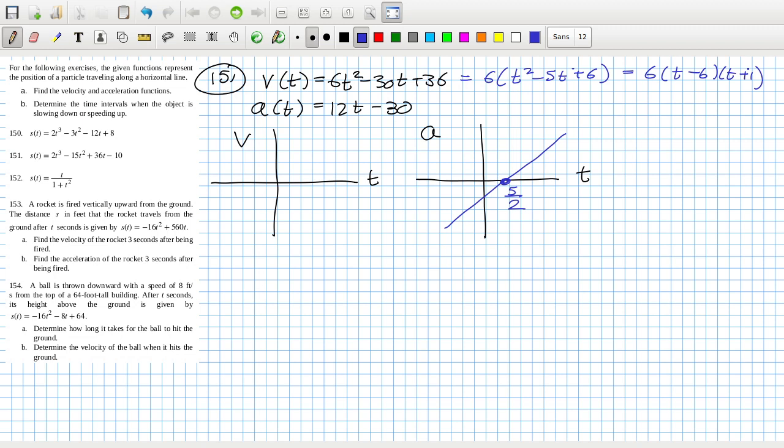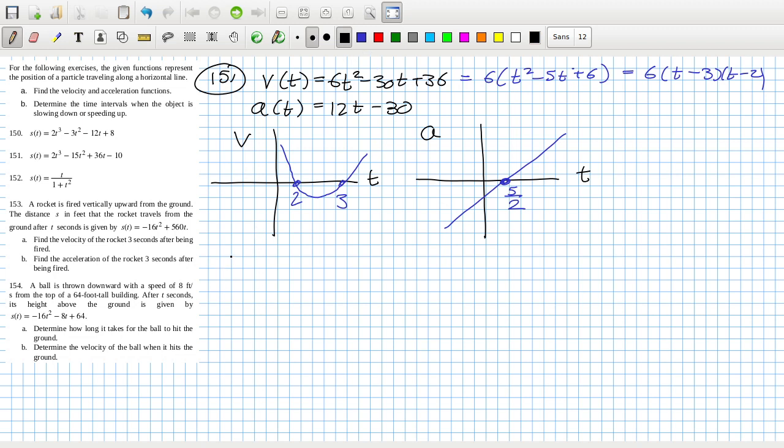No, I've done something wrong here. Oh, plus 6, sorry. So that's the wrong factorizing. 3 and 2. Okay, so here at 2 and 3, and we've got our quadratic.